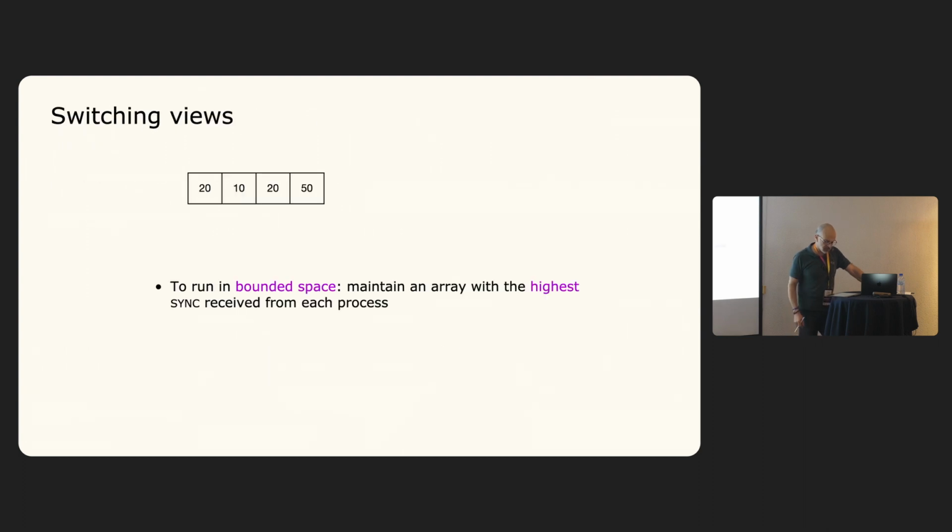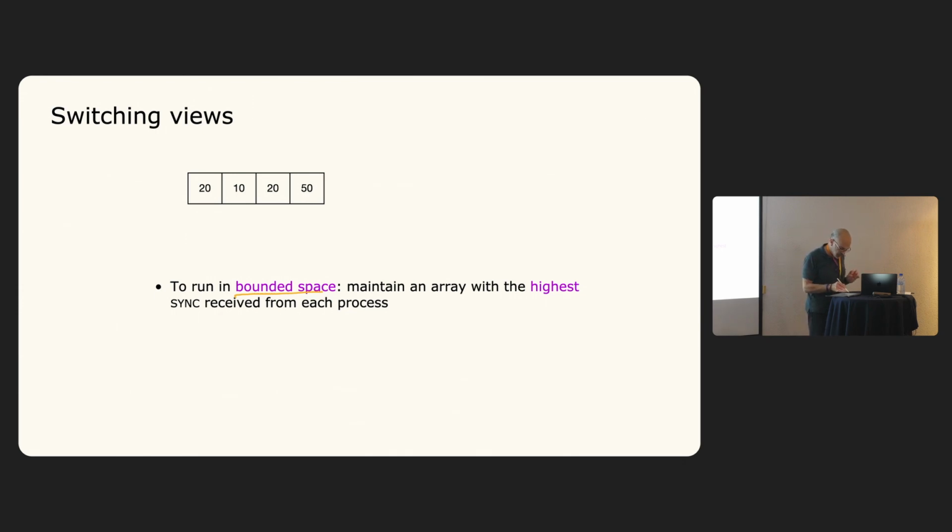This is a departure from the broadcast synchronizer that I described before. Now I'm worried about running in bounded space. So instead of maintaining under the covers, say, a hash table that maps from views to bookkeeping for all the views that have been received, I replace that with a very explicit data structure.